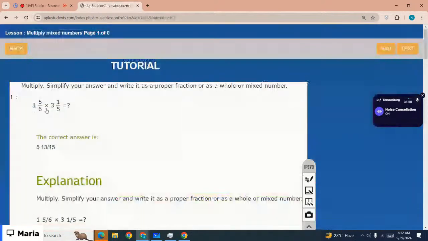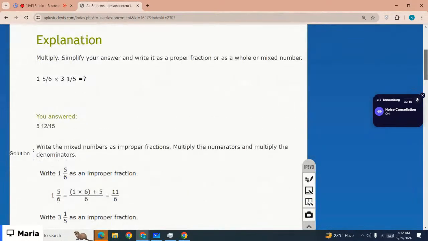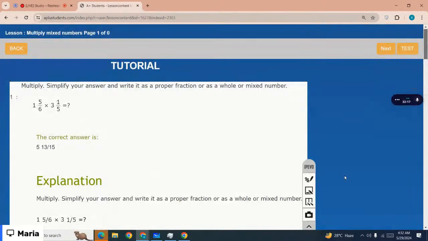Let's just start with the next lesson, that is multiply mixed numbers. Let's see how do we multiply, right? That is 1 whole 5 by 6 times 3 whole 1 by 5. First, you have to convert them to improper fractions.